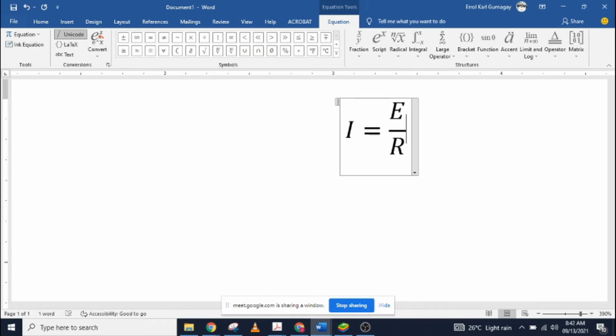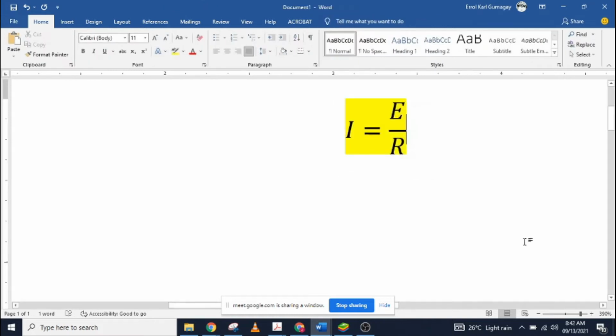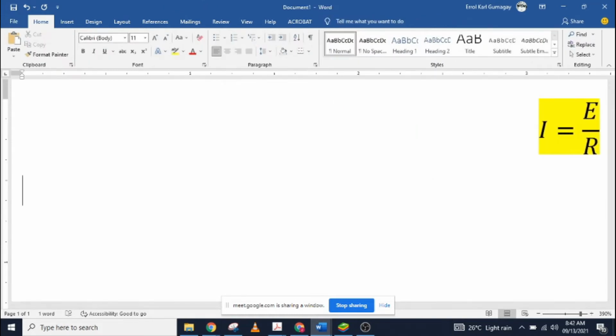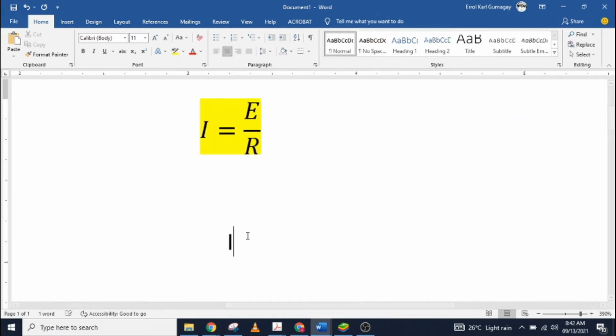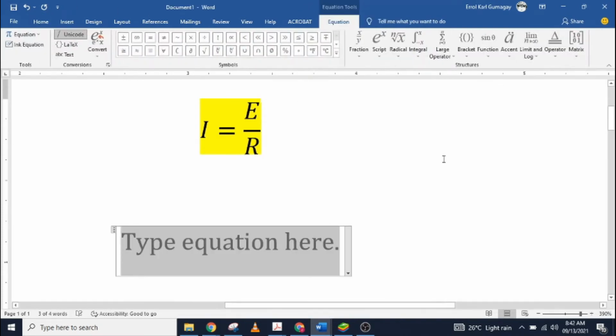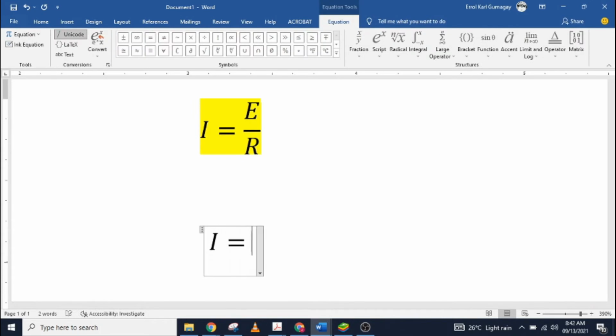So if this is your starting solution for this problem, then there's a great chance that you'll have the correct answer, okay? Now, the given was, what is the voltage? 1.5 volts, sir.